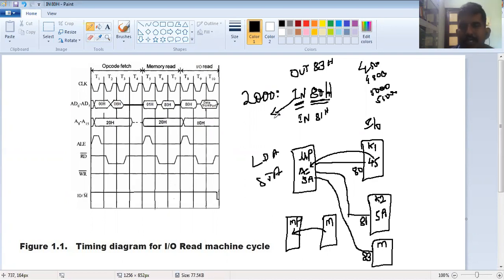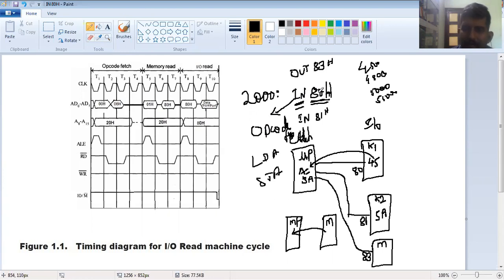According to the machine cycle, IN is nothing but what? Opcode fetch, very good, Kannan. Because it's an operation, IN is an opcode fetch. And then the next, 80, will be in what address?